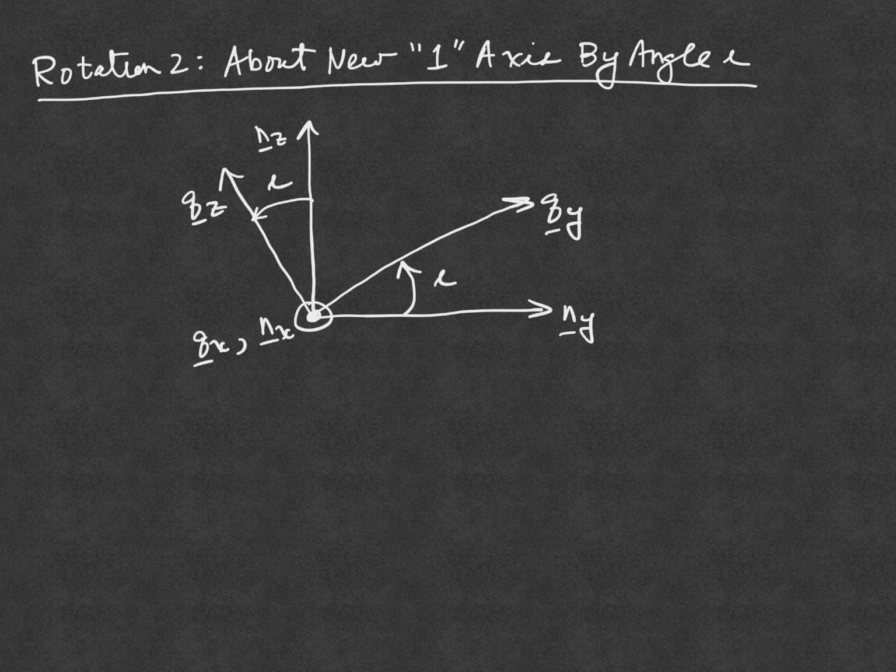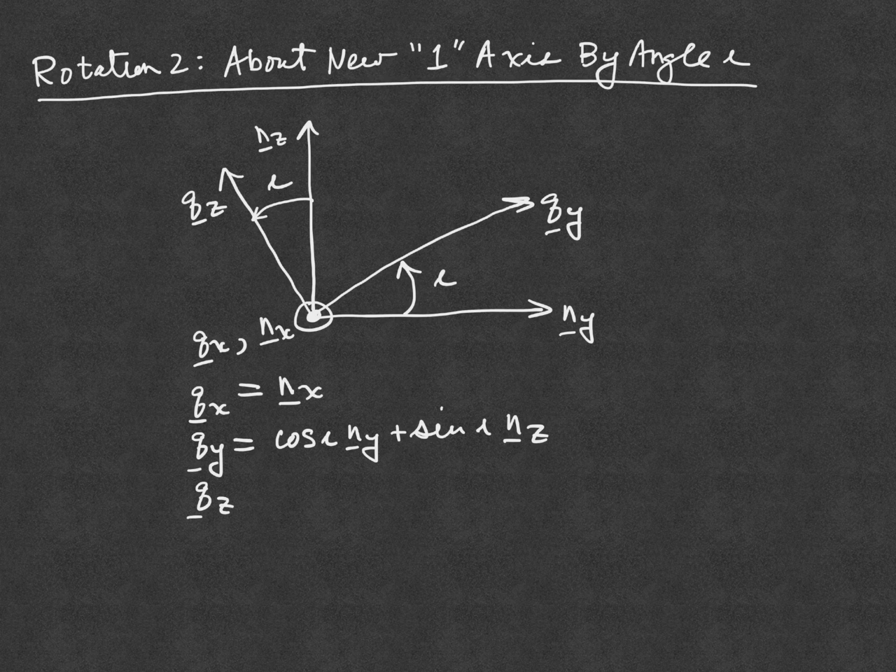Now I can write out what these basis vectors look like relative to one another. So qx is equal to nx. qy is equal to cosine of I times ny plus the sine of I times nz, and then qz is equal to minus the sine of I times ny plus the cosine of I times nz, from which we obtain the following transformation.